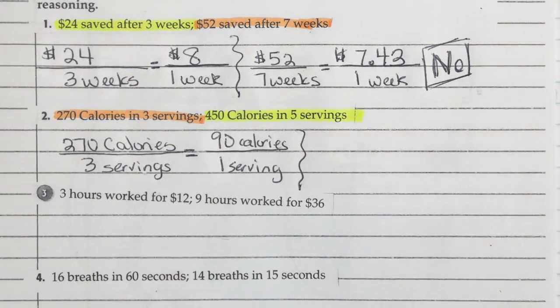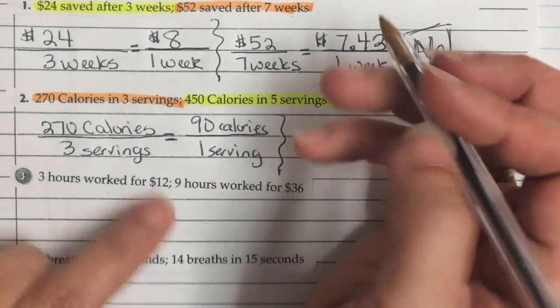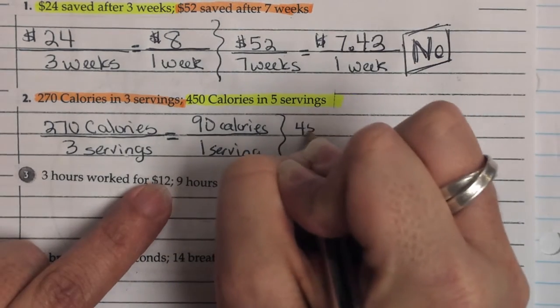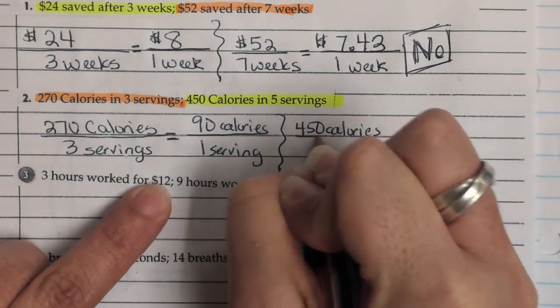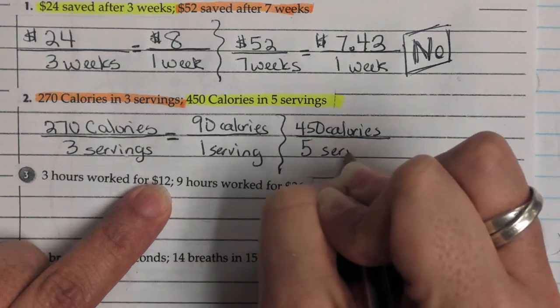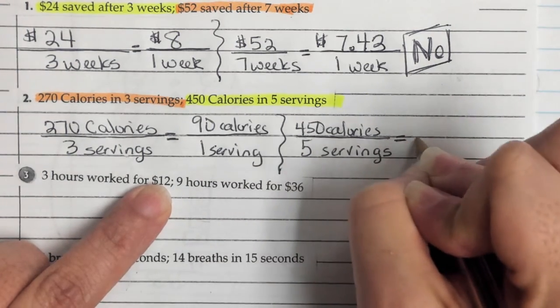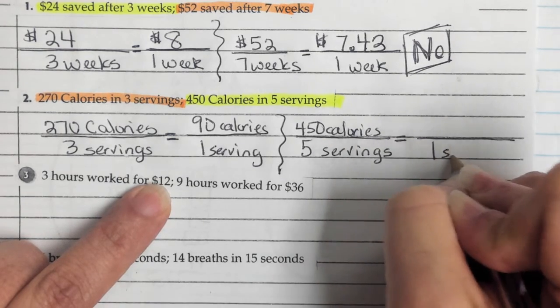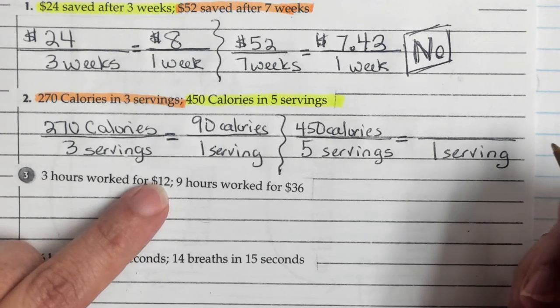Okay. Now I'm going to do the other side. It is 450 in 5 servings. How much in 1 serving? What's 8 times 5?